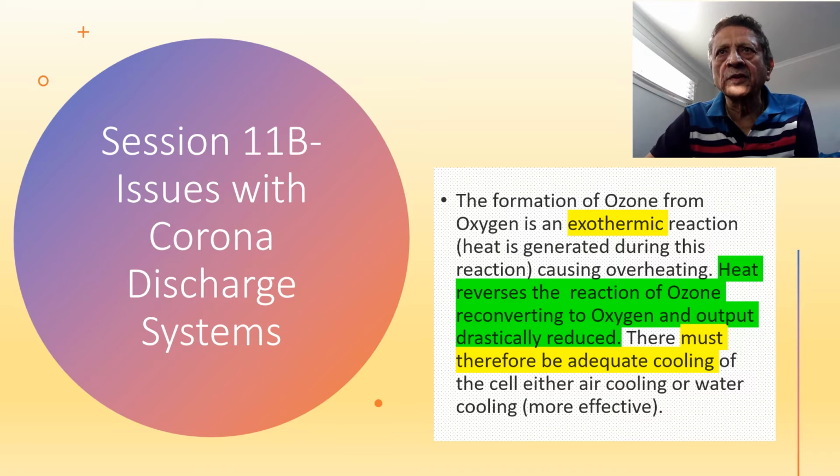The formation of ozone from oxygen or from air is an exothermic reaction. This means when during the conversion from oxygen to ozone or oxygen from the air to ozone, heat is generated, and if it is not cooled, there might be an overheating, and heat also reverses the reaction of ozone, which converts to oxygen, so that the output can be drastically reduced.